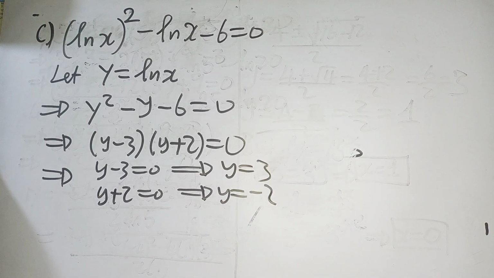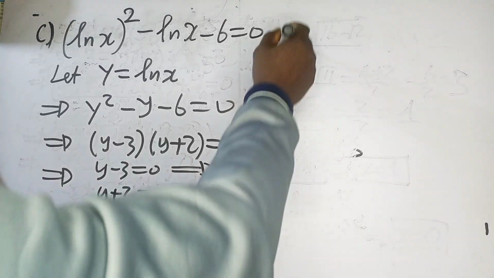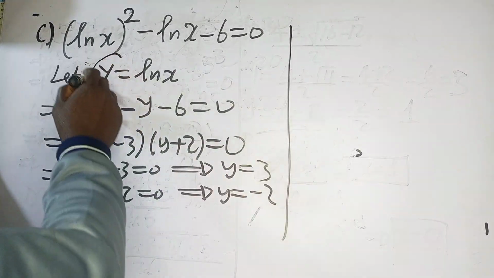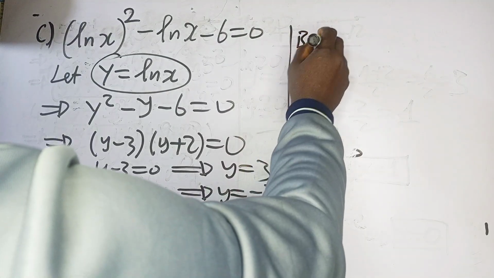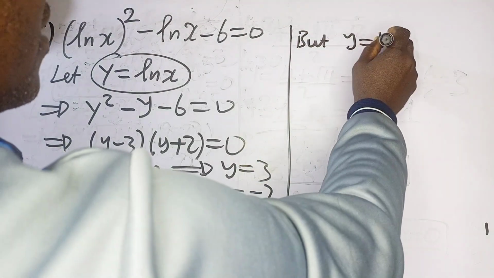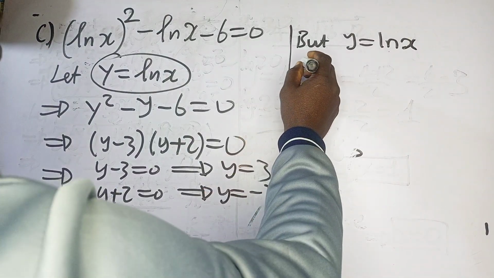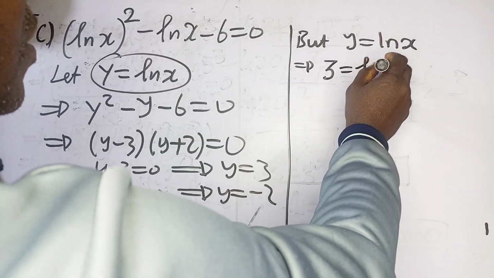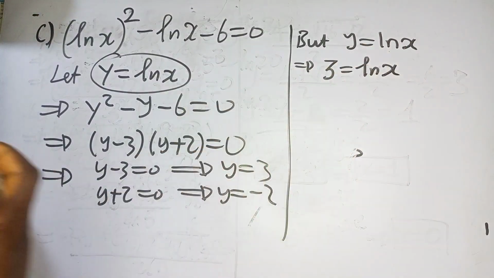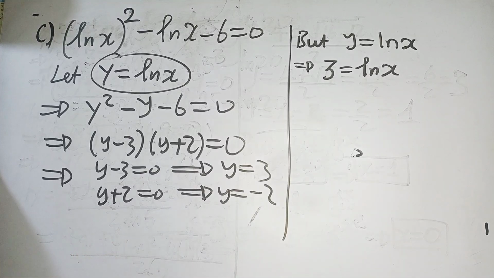Now again, we have found the solution in terms of y, but we're asked to solve for x. So we'll go back to our relation between y and x, which is y equals ln x. When y is equal to 3, we obtain 3 is equal to ln x. How do we get the value of x?